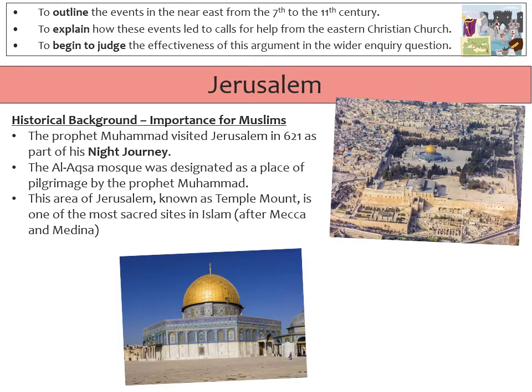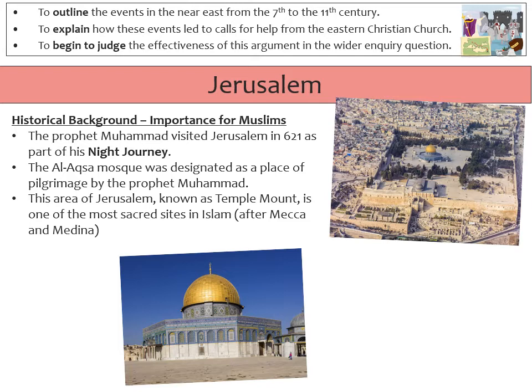The other Abrahamic religion that we haven't mentioned so far is Islam, and Islam was born much later than Christianity and Judaism, but Jerusalem itself also holds significance for Muslims.